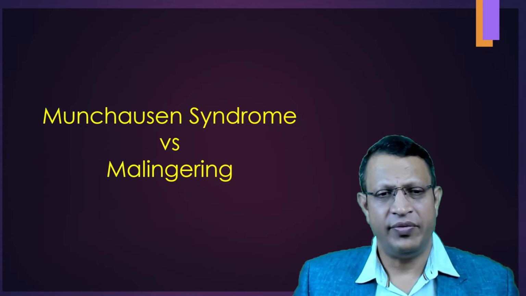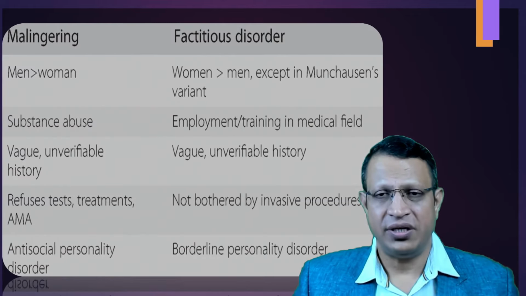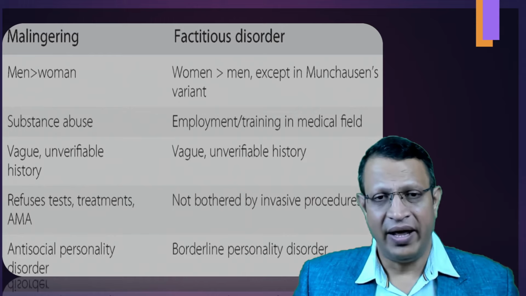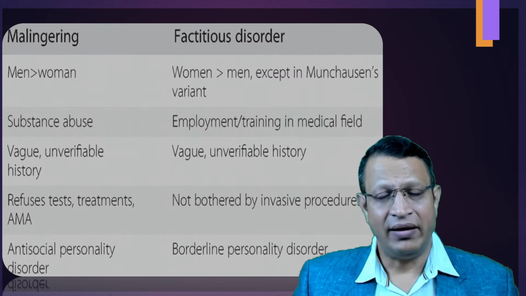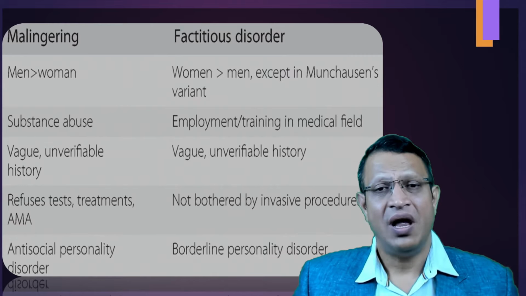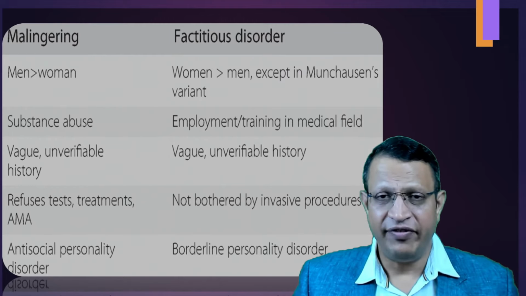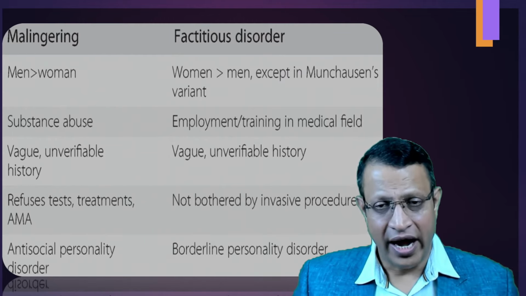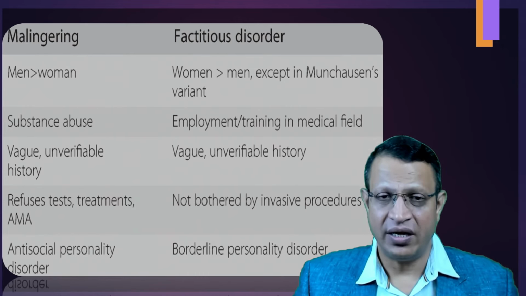Now, let's differentiate between Munchausen syndrome versus malingering. As I mentioned earlier, malingering is more common in men, whereas Munchausen syndrome is common in females. Malingering is associated with substance use and antisocial personality disorder, the presentation of symptoms is vague, there is a clear-cut benefit from being sick, and most of them are psychopaths or have antisocial personality disorder.